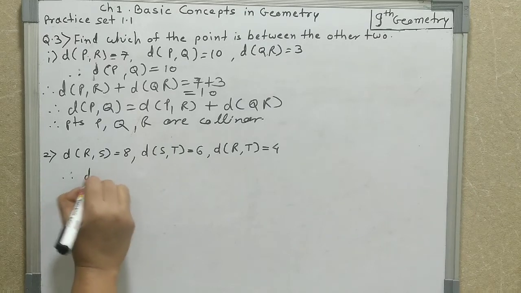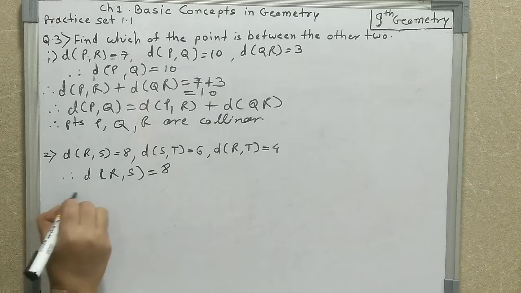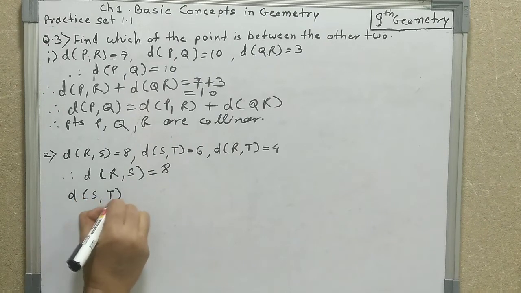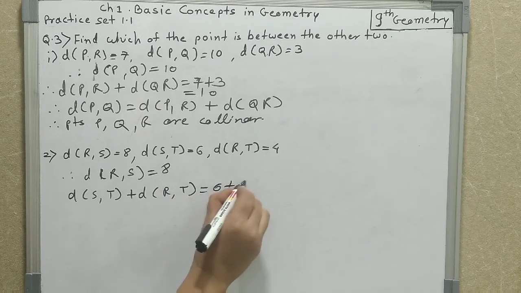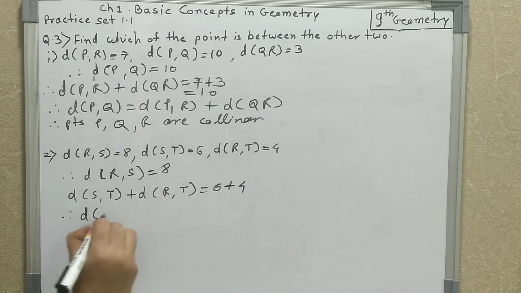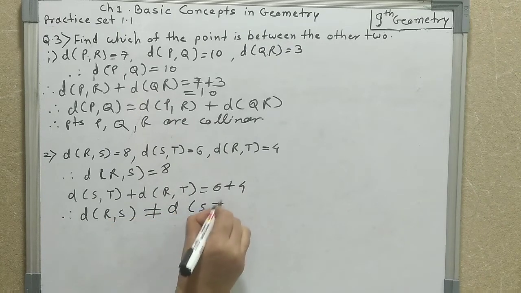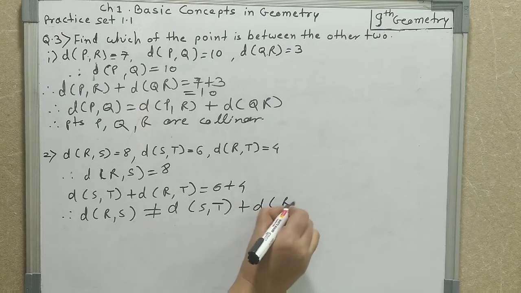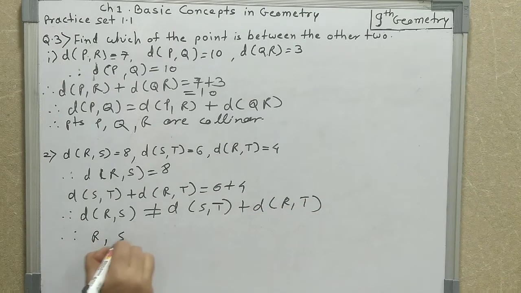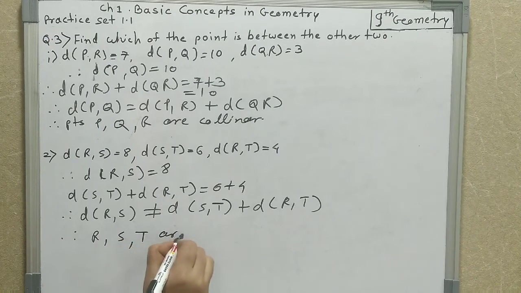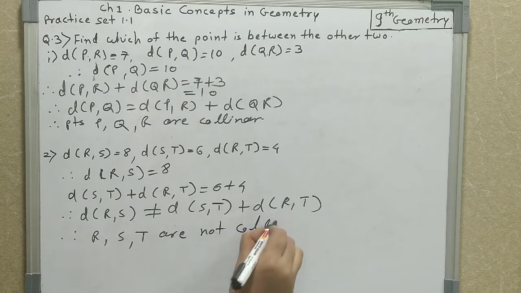Therefore, distance RS is equal to 8 and distance ST plus distance RT is equal to 6 plus 4. Therefore, distance RS is not equal to distance ST plus distance RT. Therefore, here R, S and T are not collinear.